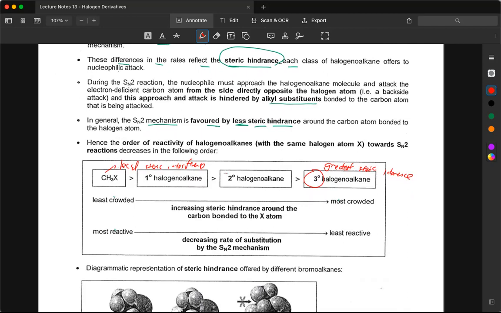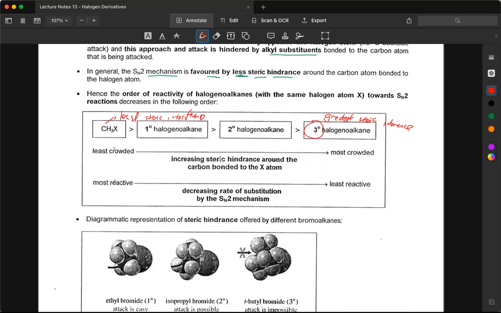The order of reactivity of halogenoalkanes with the same halogen atom X towards the SN2 reaction decreases in this order. So we have CH3X having the least steric hindrance, and the tertiary halogenoalkanes having the greatest steric hindrance.